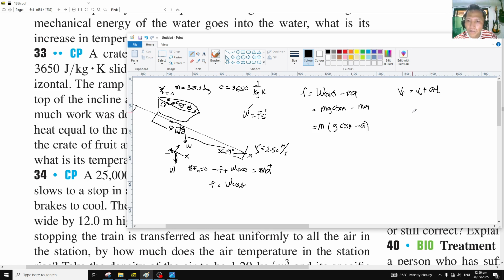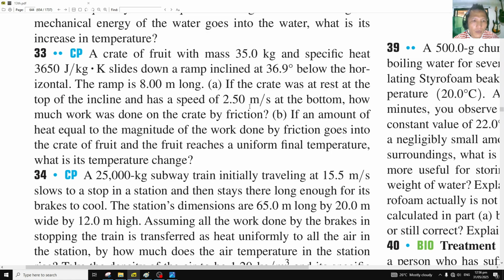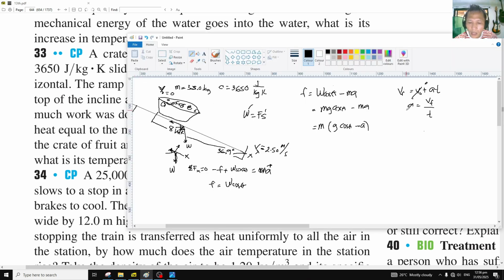So we need the time. The initial velocity is 0, so acceleration would be V final over time. We have a final speed of 2.50, and the ramp is 8 meters long. So we can't use that directly. Let's use our kinematics equation that has distance, with acceleration and distance.